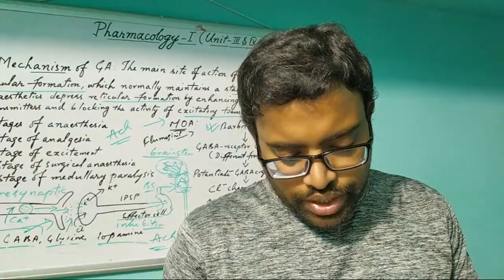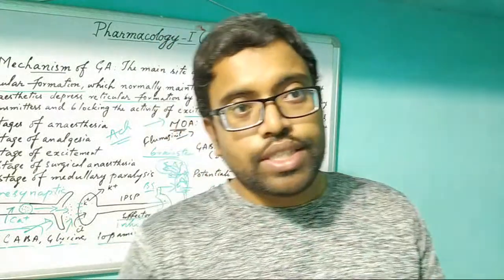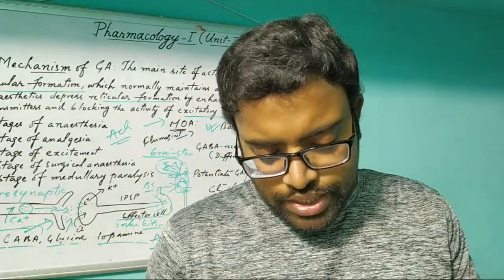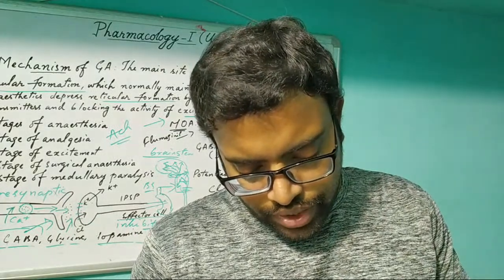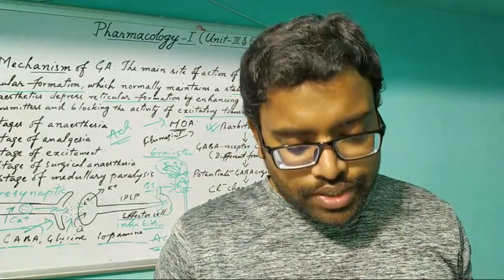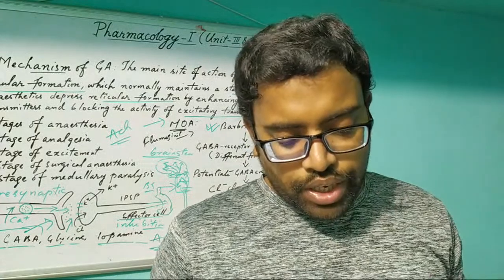Examples are benzodiazepines such as diazepam, lorazepam, midazolam, then ketamine, dissociative anesthesia, and opioids: fentanyl, alfentanil, sufentanil, remifentanil. So these are all about the general anesthetics classification, inhalational and parenteral.